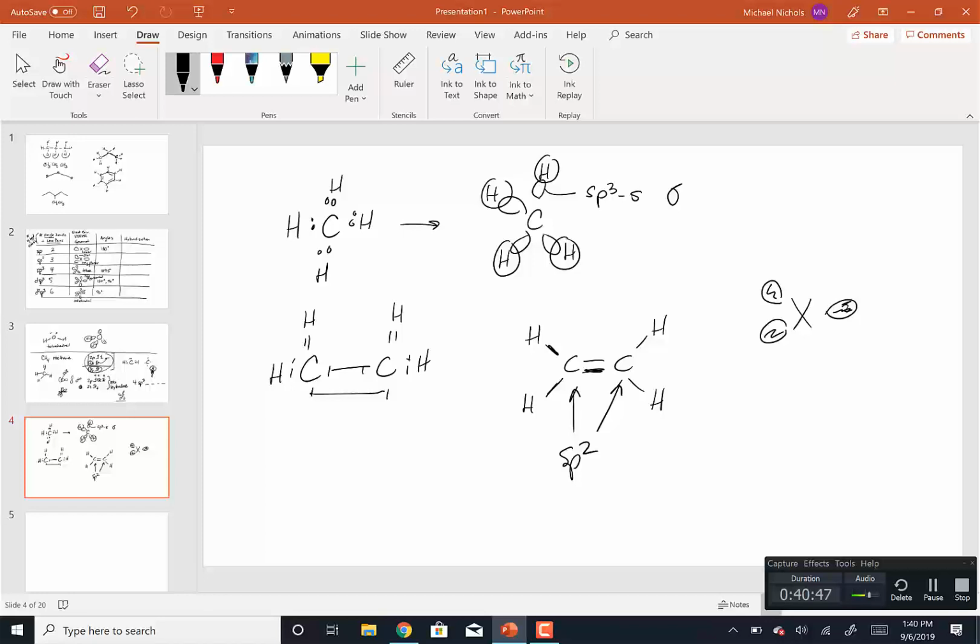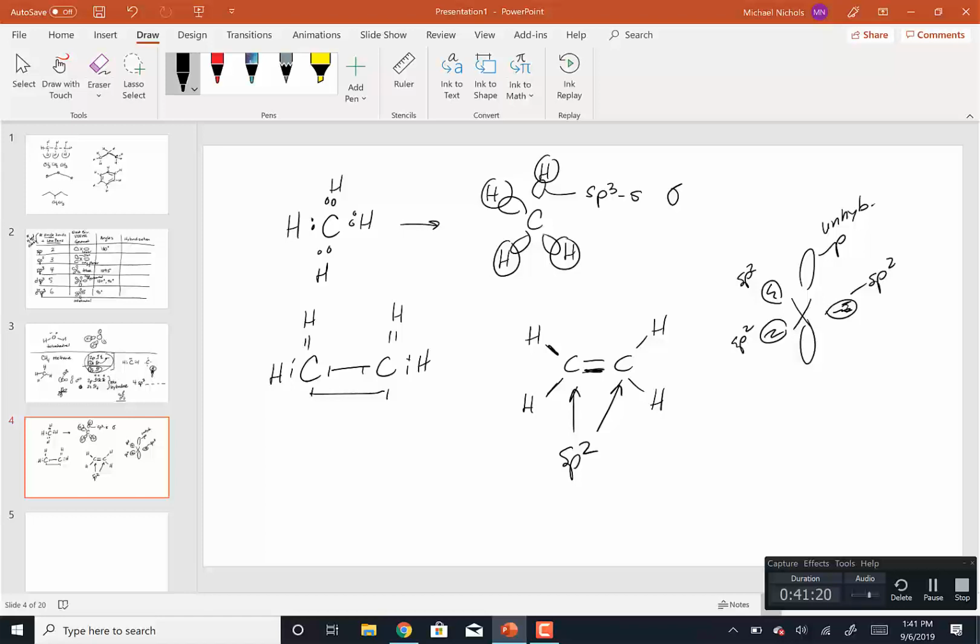Now, I just hybridized an s and 2 p's. What do I have left over? A p that was unhybridized. Where does it go? It goes there. So this is the unhybridized one, and these are sp2 orbitals, for any atom.